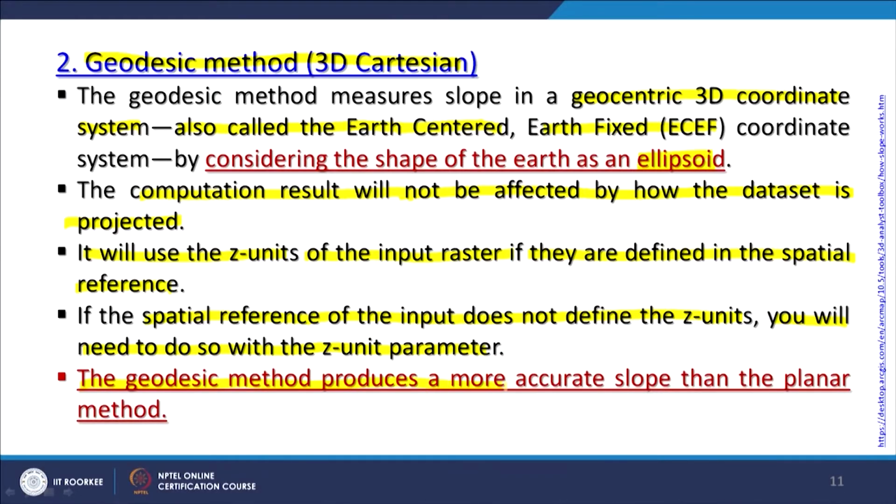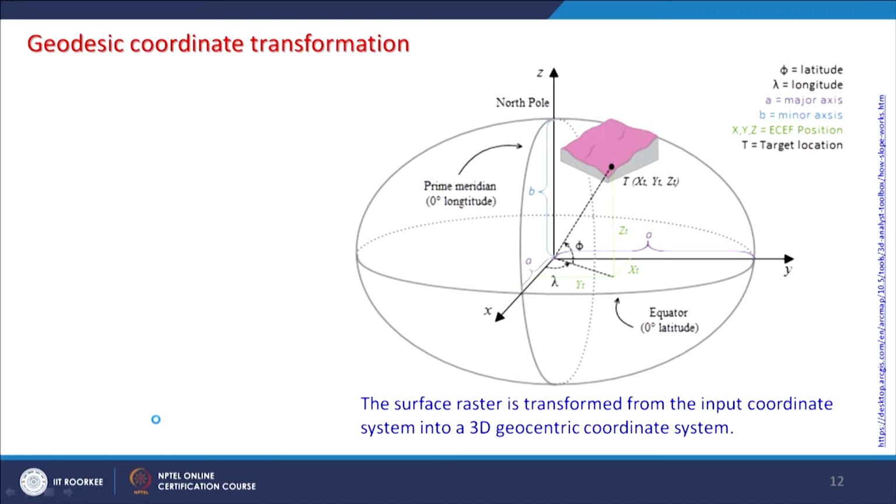However, if the elevation variations are very high within a file, you may get completely different results. It will also matter how big an area is being represented, though the calculation is done using only a 3 by 3 matrix. So this geodesic method produces a more accurate slope compared to the planar method.